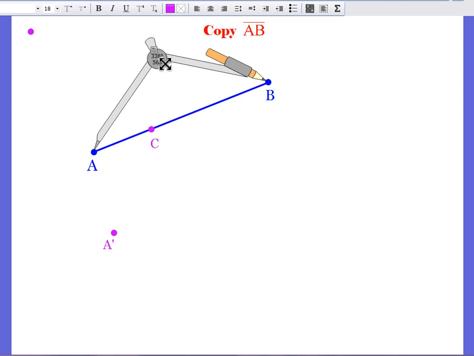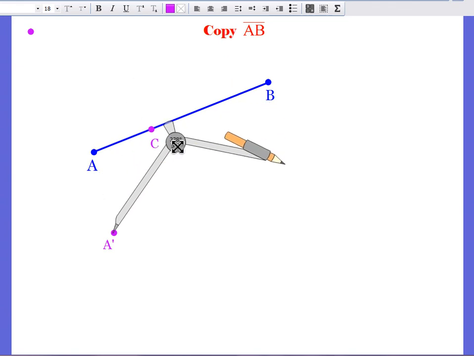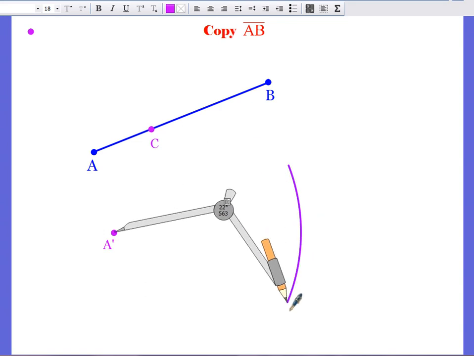Now, being really careful not to change that distance, we're going to bring the point of the compass down to point A prime. Now remember, the distance from point to pencil is exactly the same as the distance from point A to point B. So when I draw an arc using that pencil, the distance from A prime to any point on that arc is guaranteed to be the same distance as from A to B.